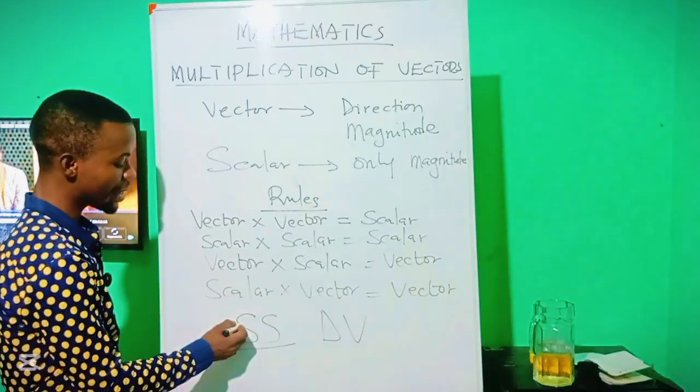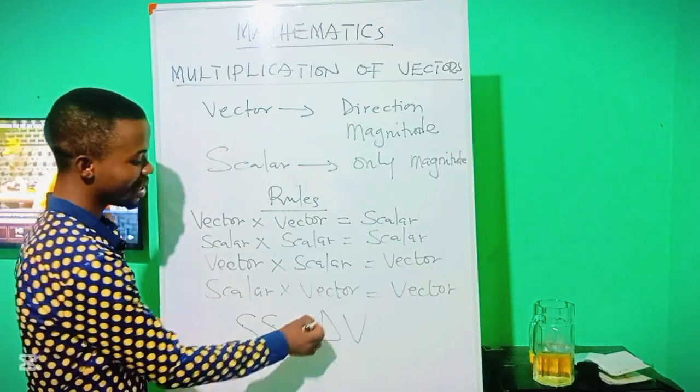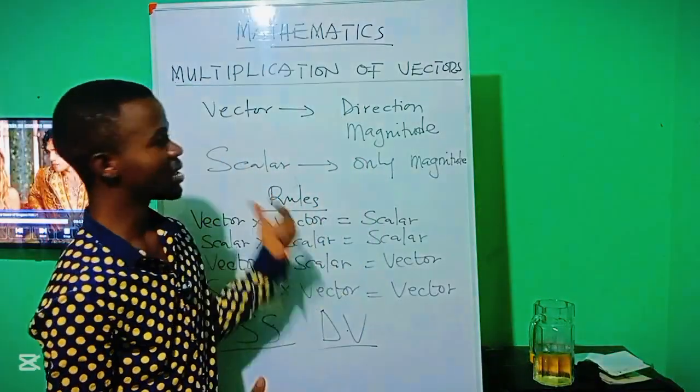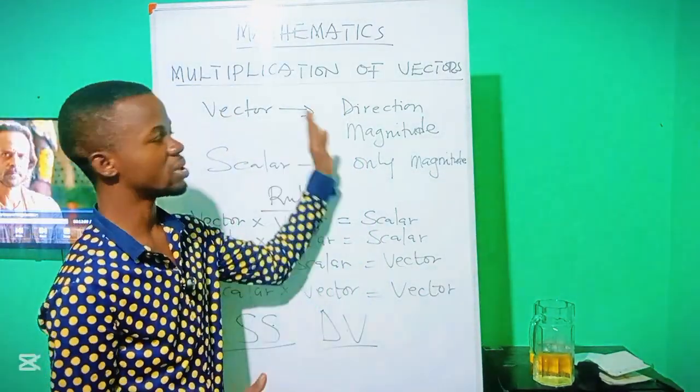So same means you get scalar. When they are different, it means you get what? Vector.